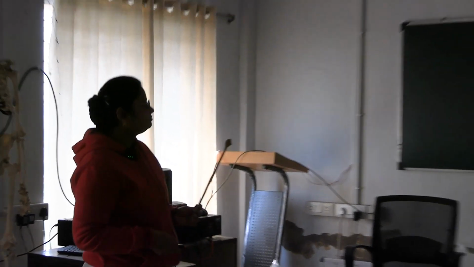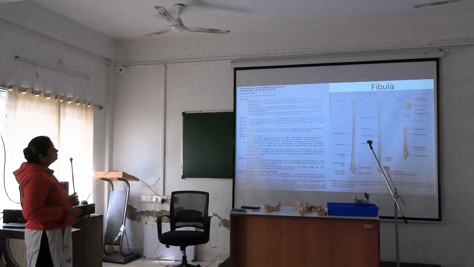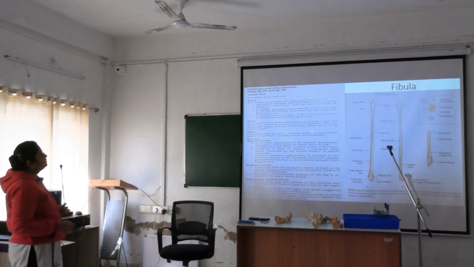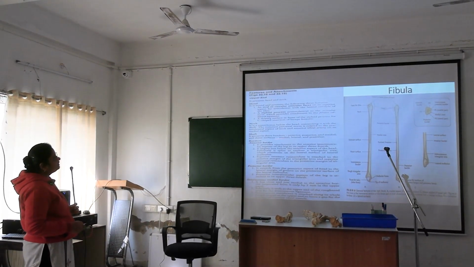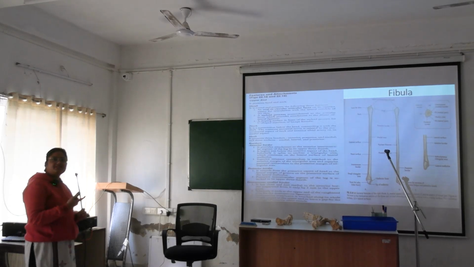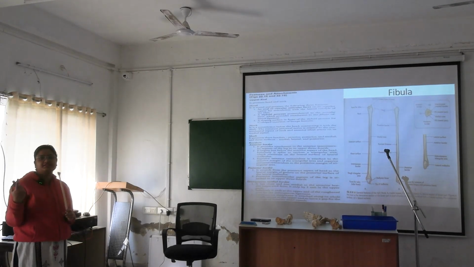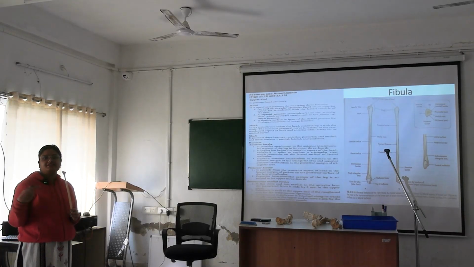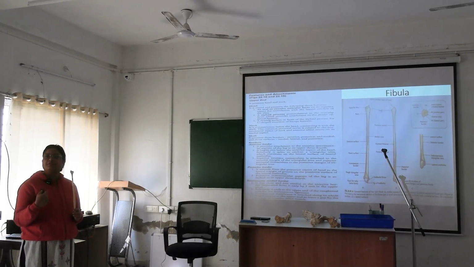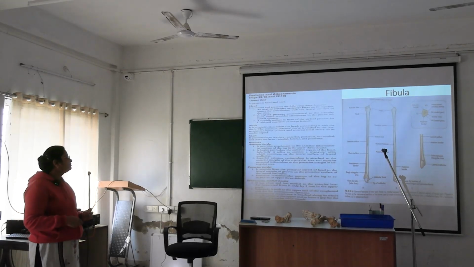The anterior tibial artery is on its medial aspect. So in case of a fracture near the neck of the fibula, there is a high chance of injury to these structures. The common peroneal nerve and also the anterior tibial artery will be involved.